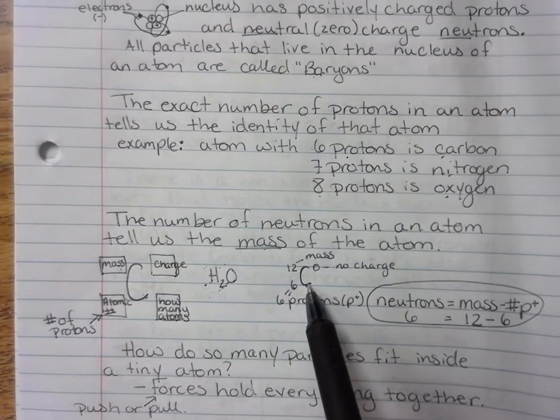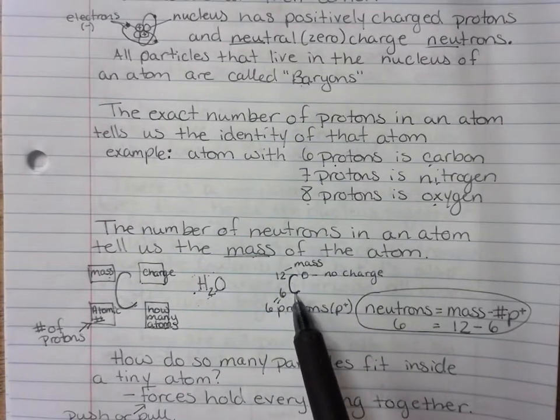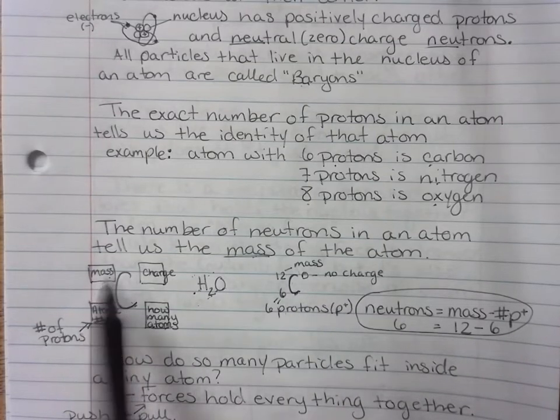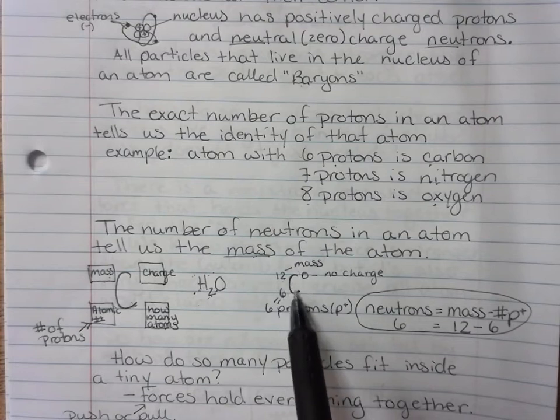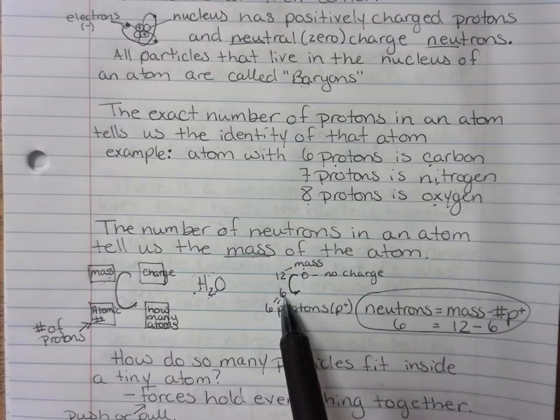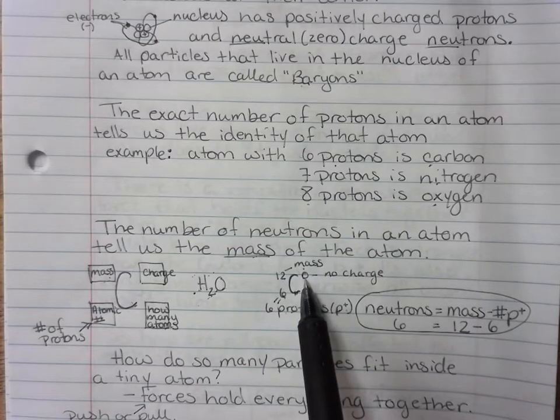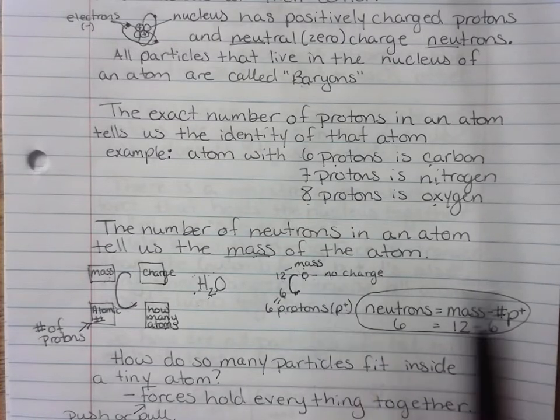But if we have carbon with 12, 6, and 0, this box up here, that's our mass box. So carbon with a 12 up here says we have a mass of 12. Carbon with a 6, 6 protons in carbon. Protons are abbreviated P+. And a 0 up here means we have no charge.